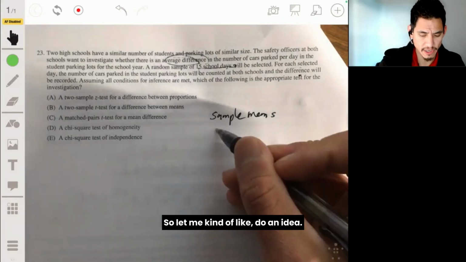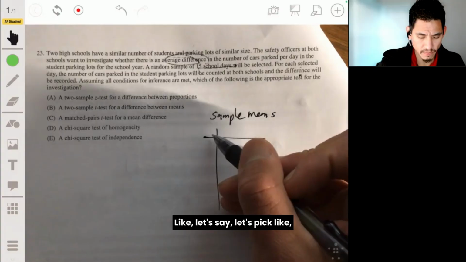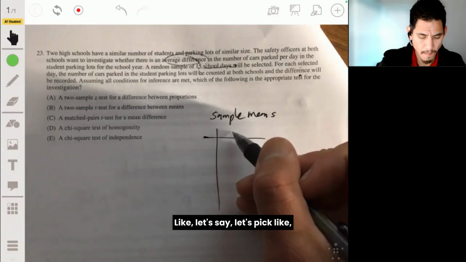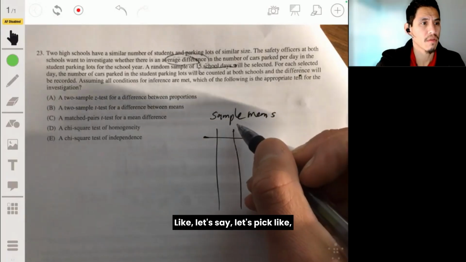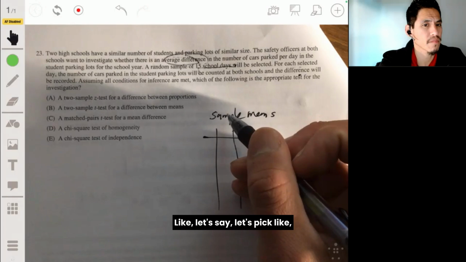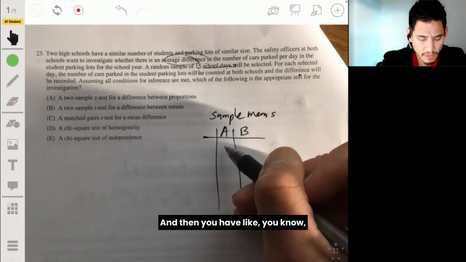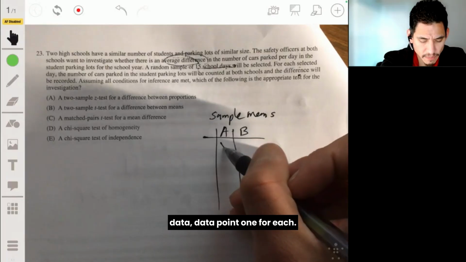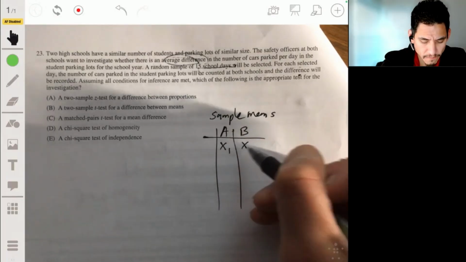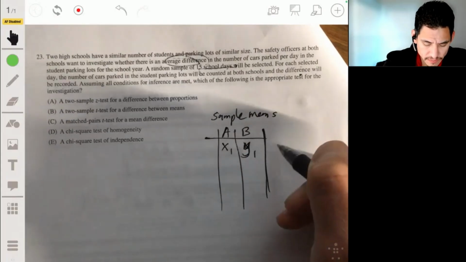So let me do an example. Let's pick parking lot A, parking lot B, and then you have data point 1 for each. But then you're recording the differences.